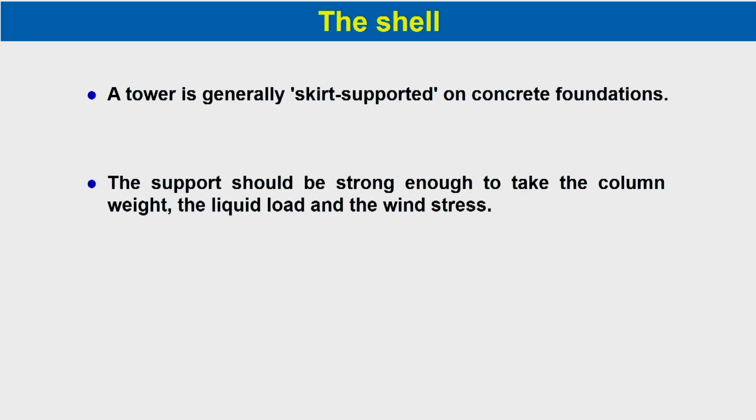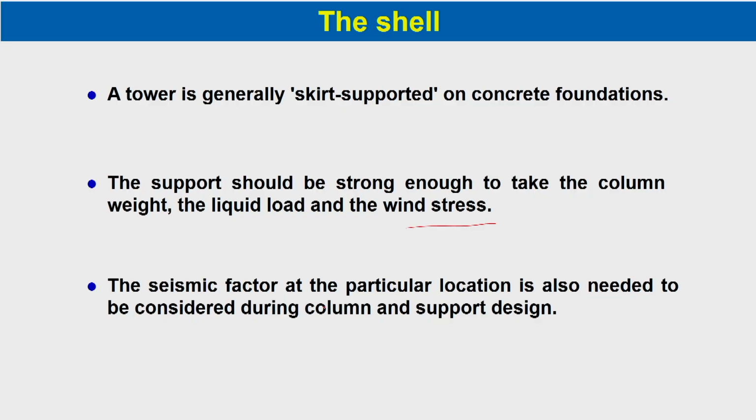The support should be strong enough to take the column weight, the liquid load and the wind stress. Generally the columns are very tall, close to 50 meter in height. The seismic factor at the particular location also needs to be considered during column and support design.